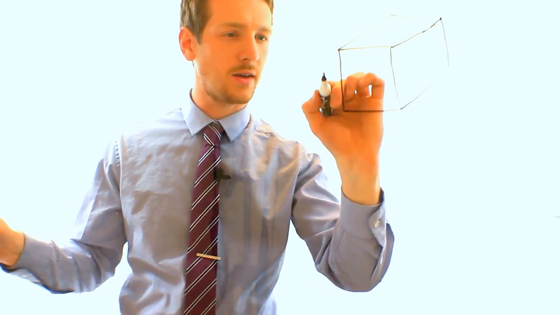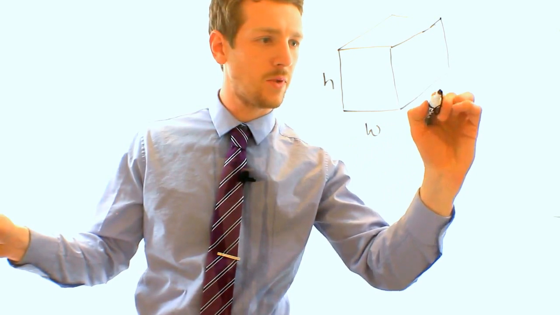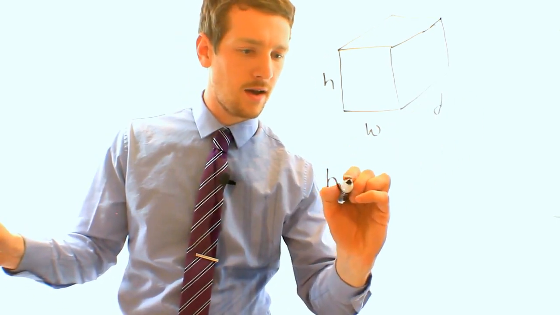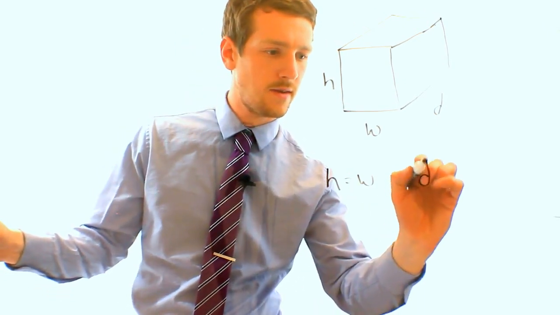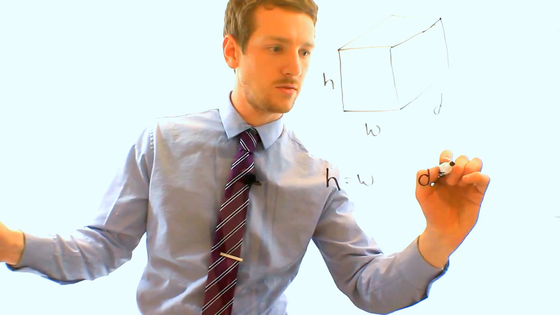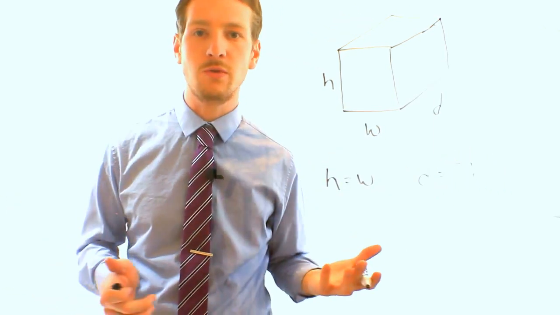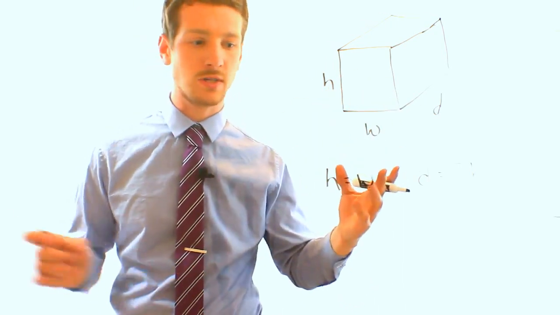So if this was the height here, and this was the width, and again we have the depth right here, height and width are the same, but then depth is equal to 2 times the height. So then how would we figure out what the volume of that cube is, or that rectangular prism?